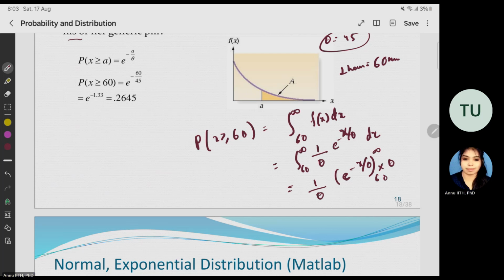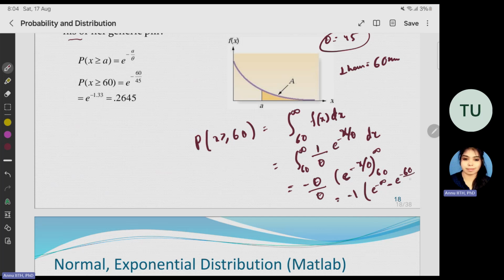Here we can say this is minus theta, because the integration of it gives this. So this is minus theta times e power minus x by theta, from 60 to infinity: e power minus infinity minus e power minus 60 by theta.